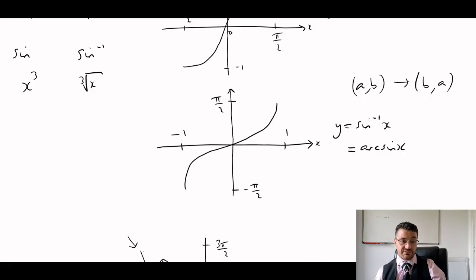But this inverse from minus pi by 2 to pi by 2 is the inverse that your calculator will typically be programmed with.